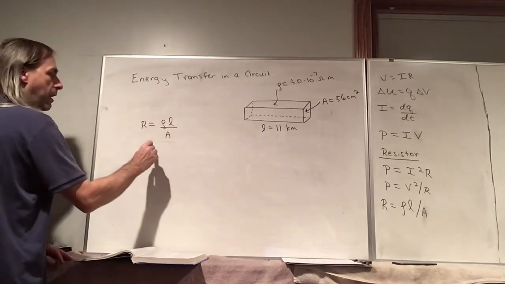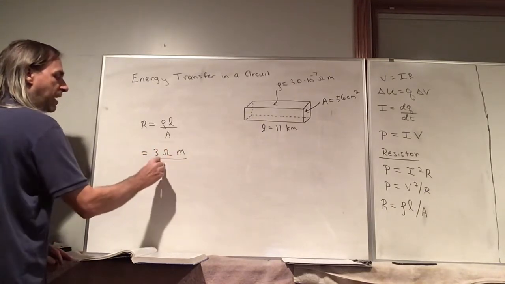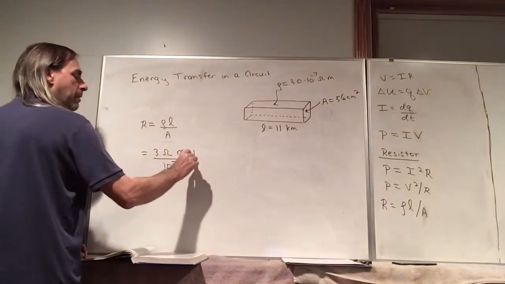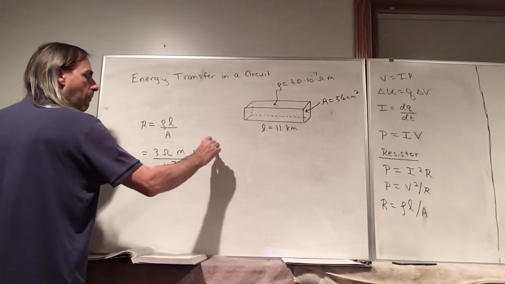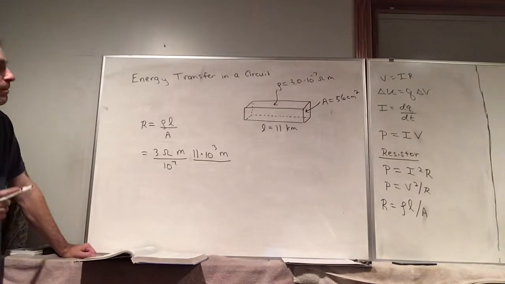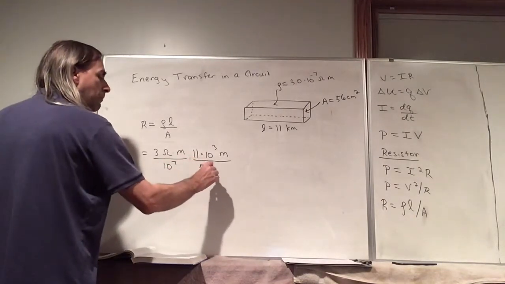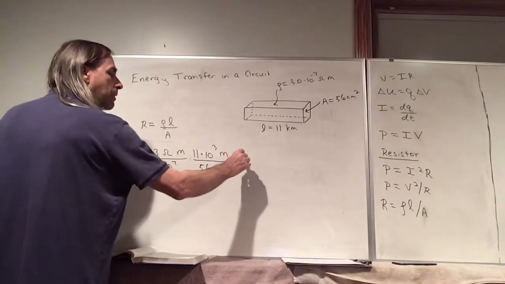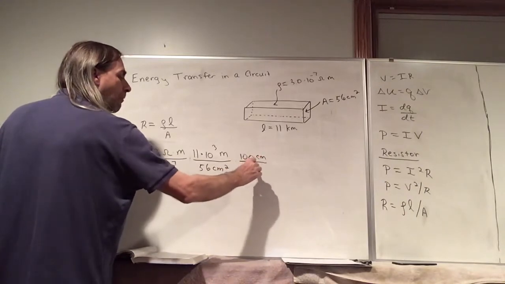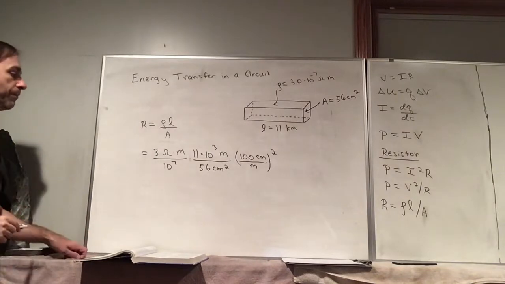So we have 3 over 10 to the 7th power. The length is 11 kilometers, so I'm going to write that as 11 times 10 to the 3rd power meters. And the area is 56 centimeters squared. So let's throw in a conversion factor, and square the conversion factor as well.